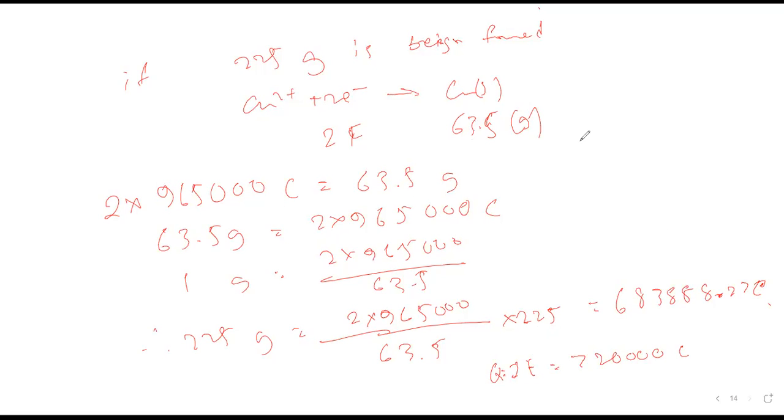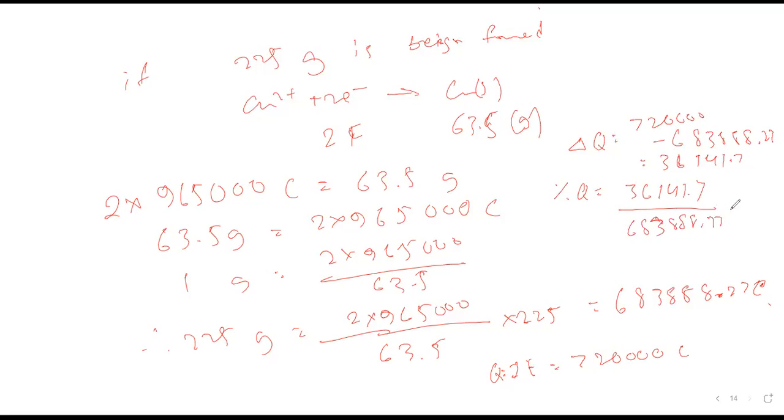Now, if we find the difference between these Q values, 720,000 minus 683888.27, the difference is 36141.7. Then we find the percentage: 36141.7 divided by 683,888.27 into 100.